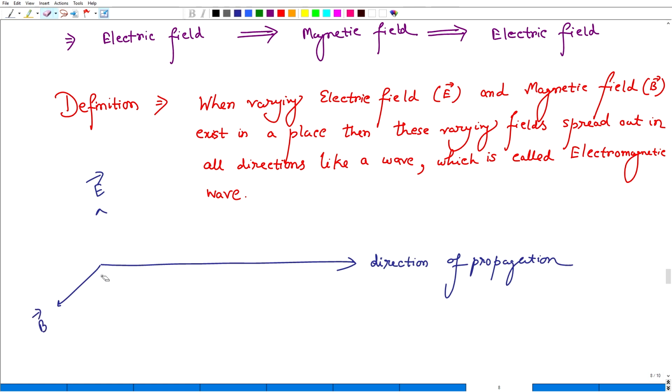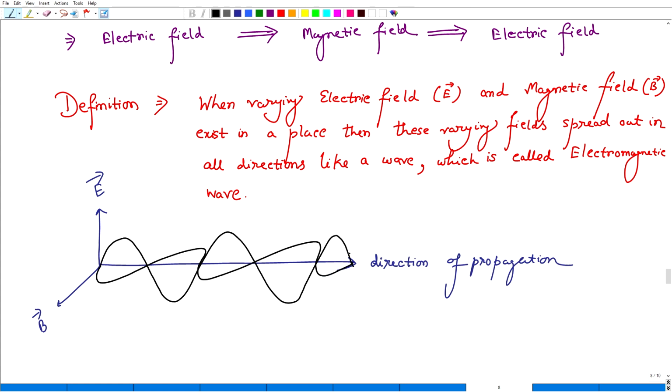Let me erase that part. Okay, so the electromagnetic wave will be like this. So here this is the electric field.